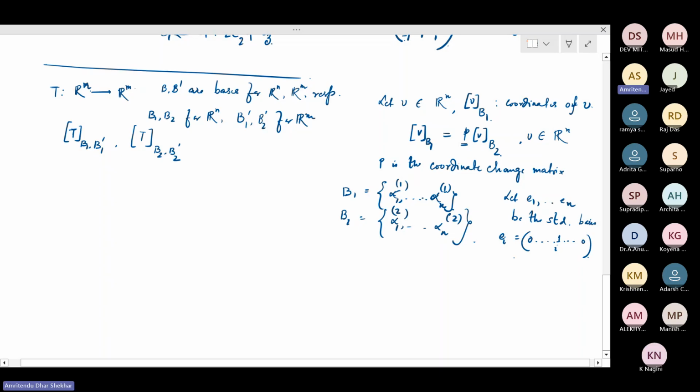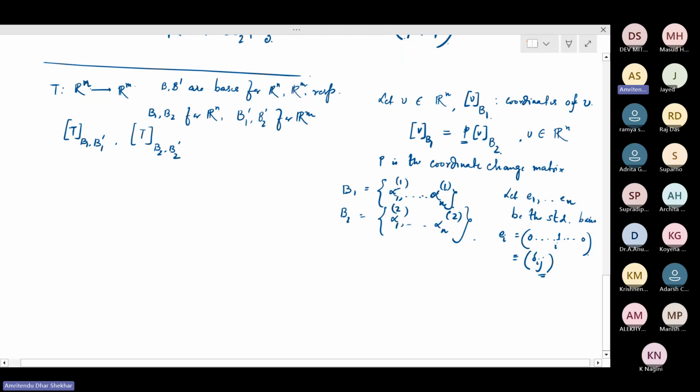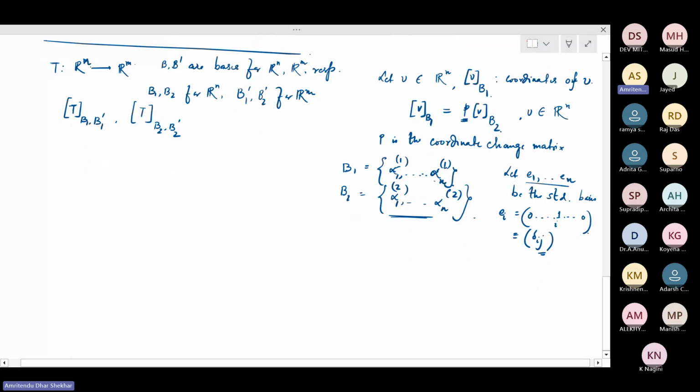Another way of writing it down is this: it is equal to delta ij. This is the Kronecker delta. Anyway, in order to determine what this matrix P is going to be, you can represent the vectors alpha 1 to alpha n with a superscript 1 with respect to this basis E1 to En, and same for the vectors alpha 1 to alpha n with respect to E1 to En.